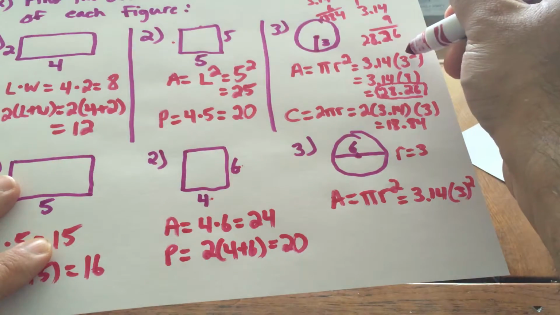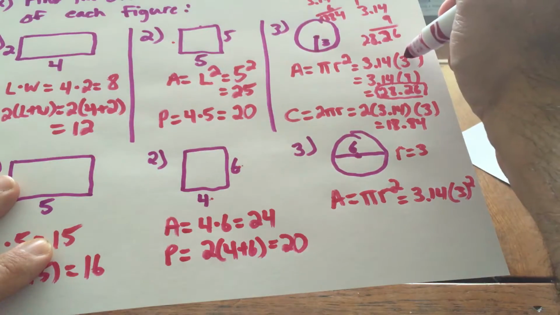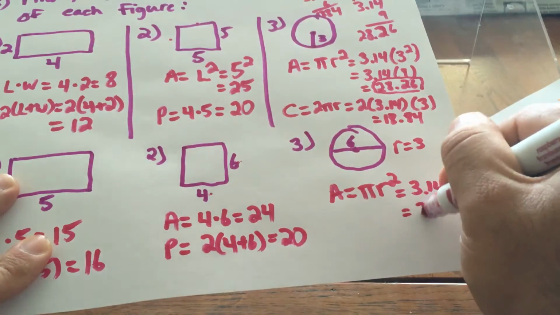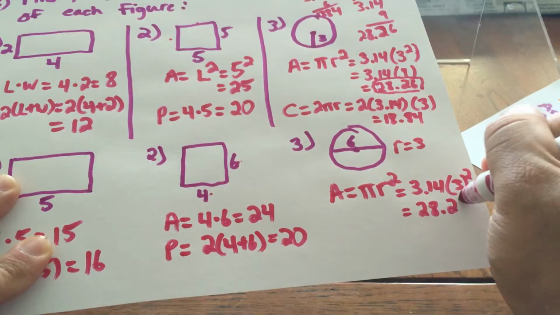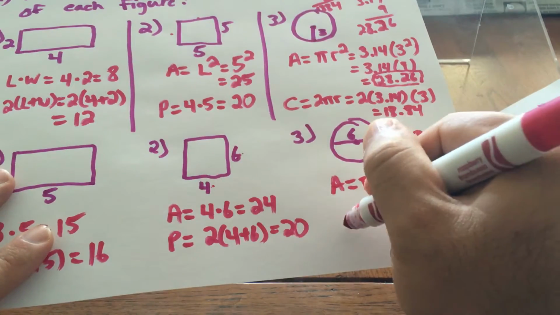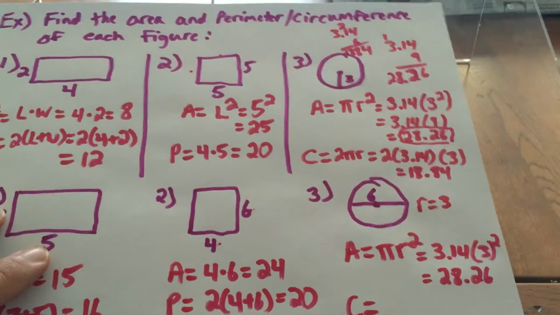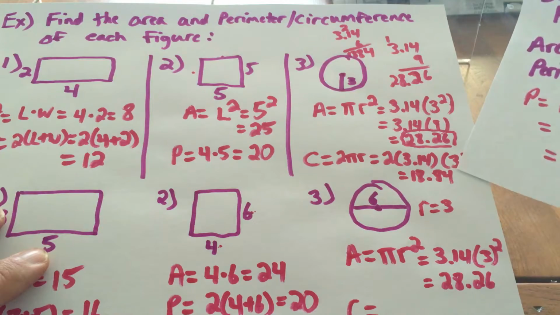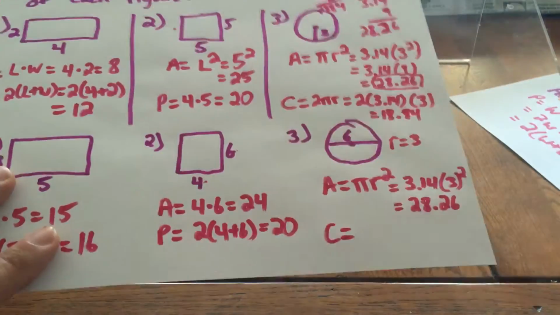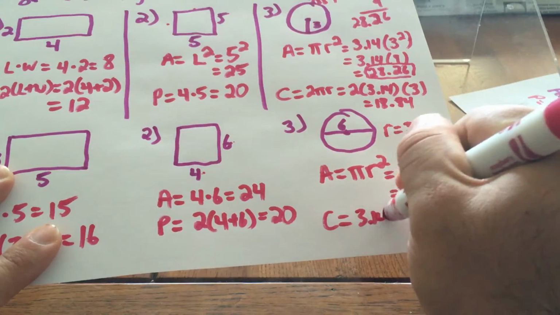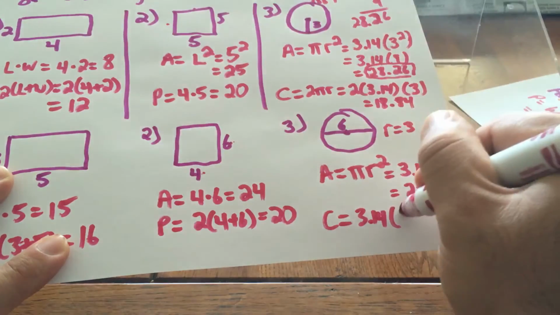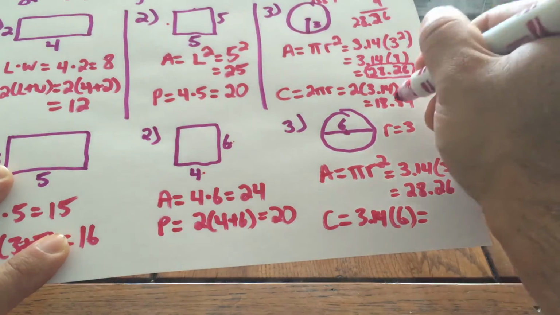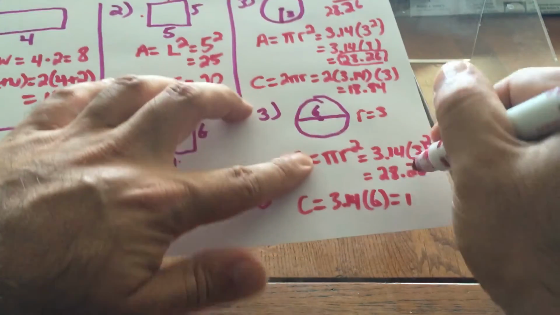Notice we did this calculation right up there. So this is going to be 28.26 again. And if you want to use the circumference, you can either use 2 pi r and figure out that we're going to get the same number we got up there, or you can do pi times d. So 3.14 times d, which is 6. And that's going to give us that 18.84 again.